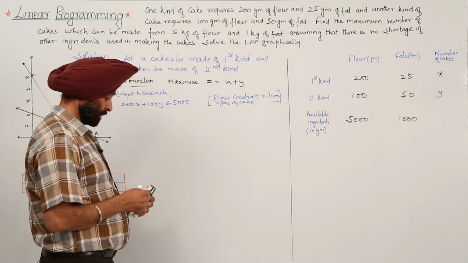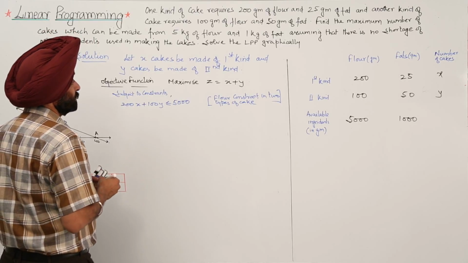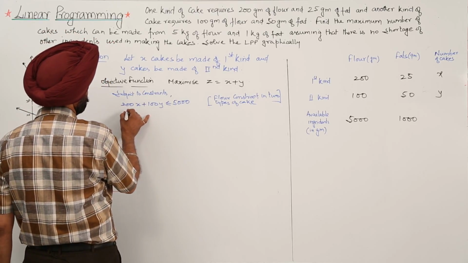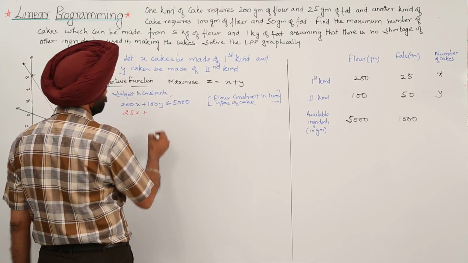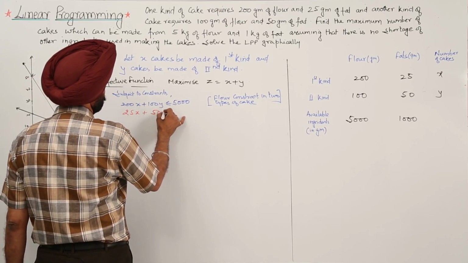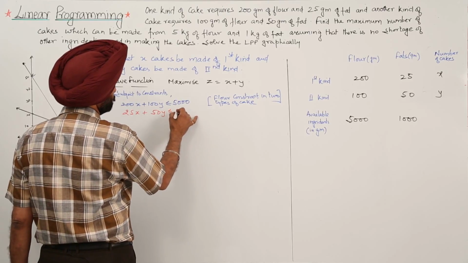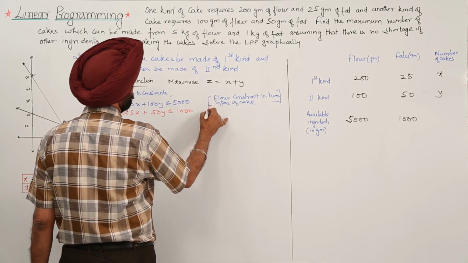Second is 25X plus 50Y is less than or equal to 1000.